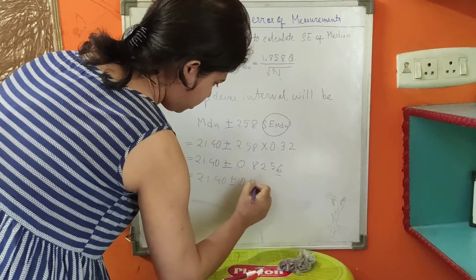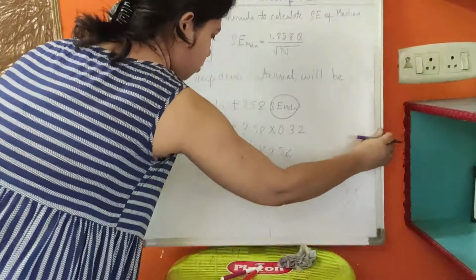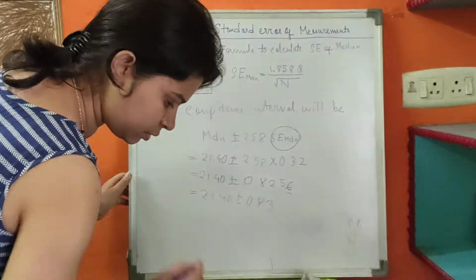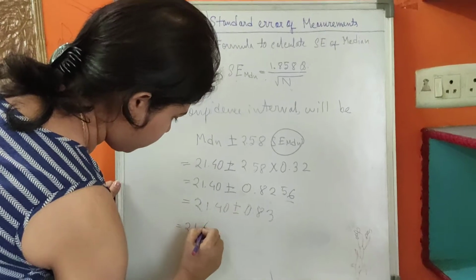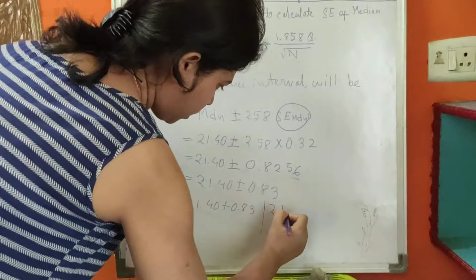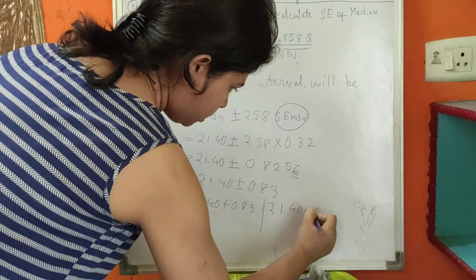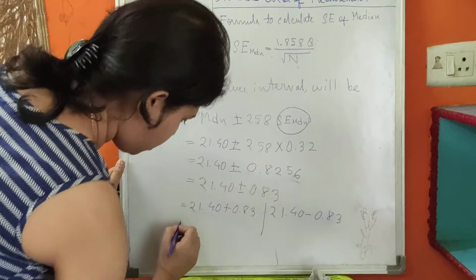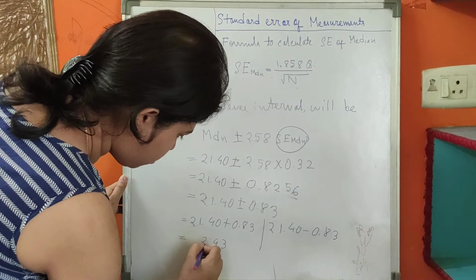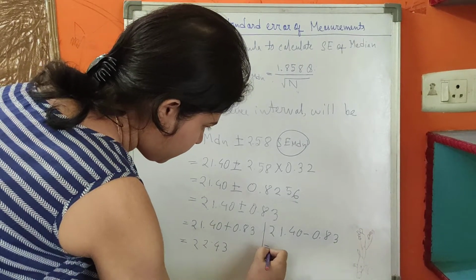So the range will become median plus minus 0.83, that is 21.40 plus 0.83 and 21.40 minus 0.83.